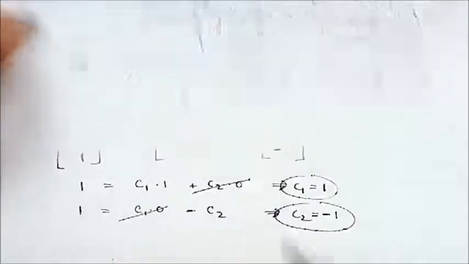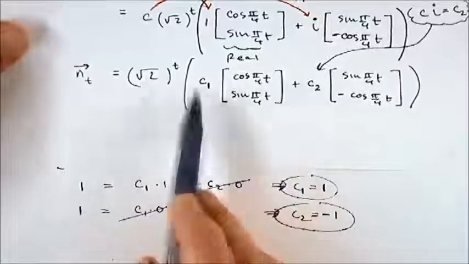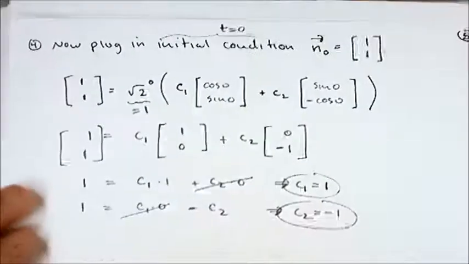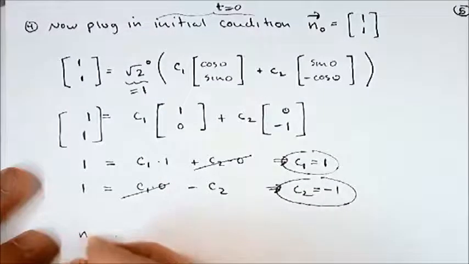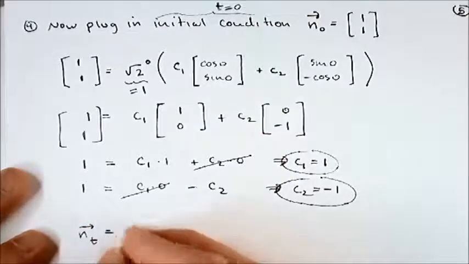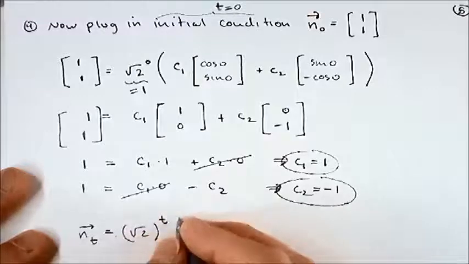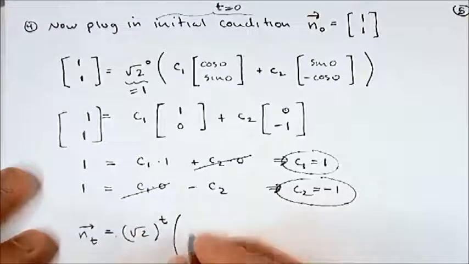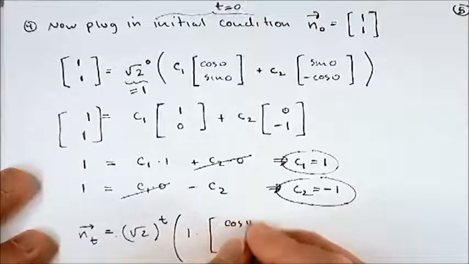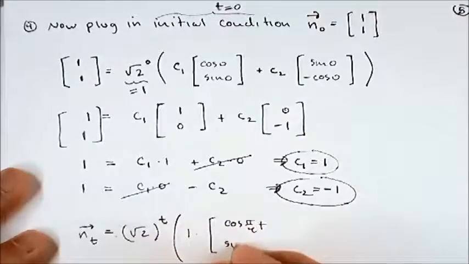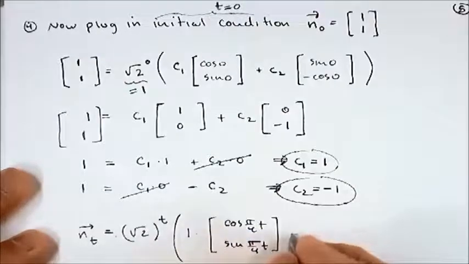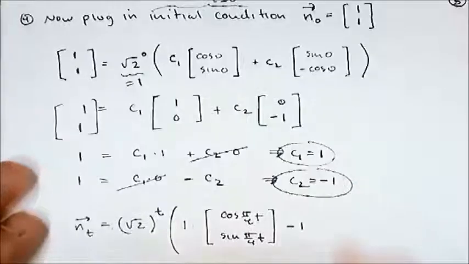And then I just go right back and put those into my general solution that we wrote a few lines above here. Put those two constants in there, and we're going to have our exact solution. One times cosine pi over 4t, minus 1, because C2 is negative 1.